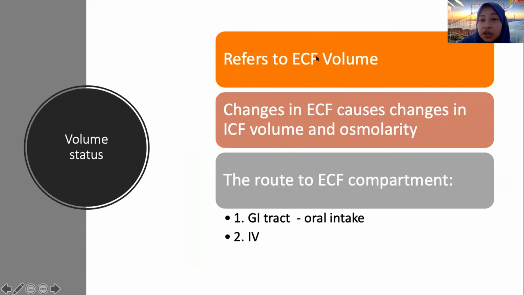Although we usually talk about the ECF volume, changes in the ECF can cause changes in the ICF volume and osmolarity, because the water will move between the ECF and ICF so that the osmolarity reaches equilibrium between these two compartments. So any changes to the ECF will cause changes in the ICF volume as well as the osmolarity.